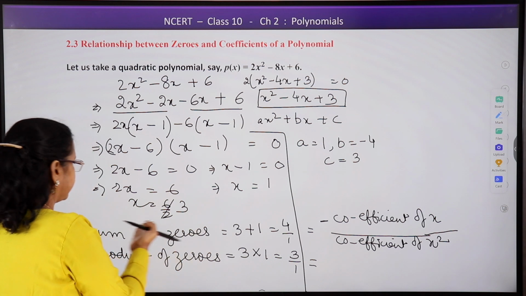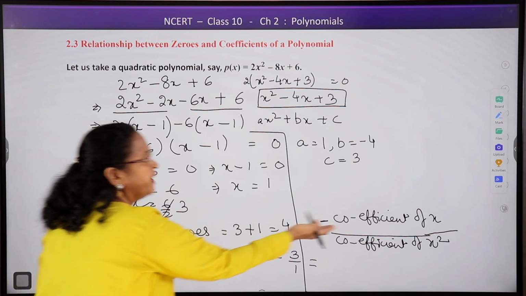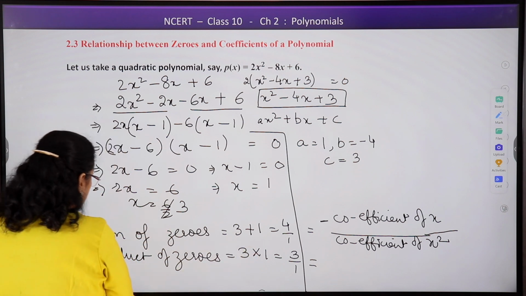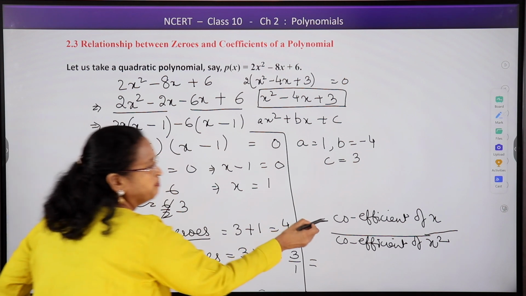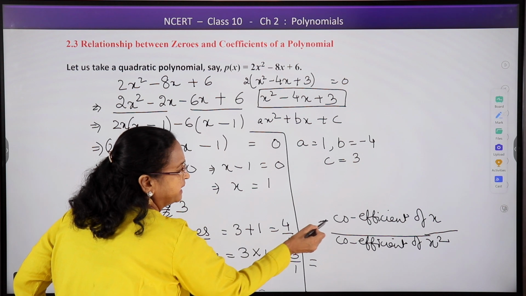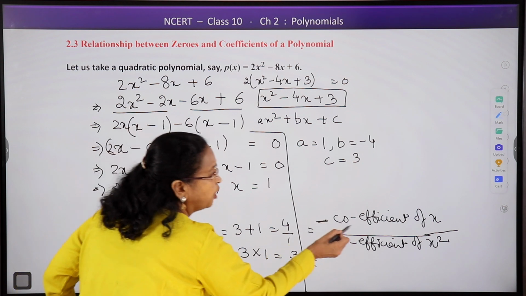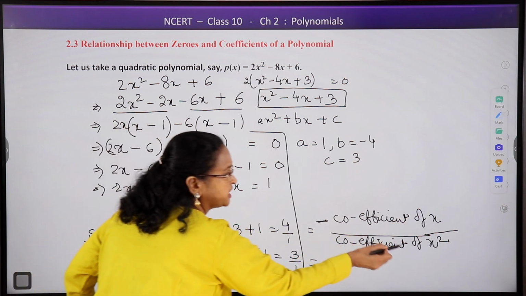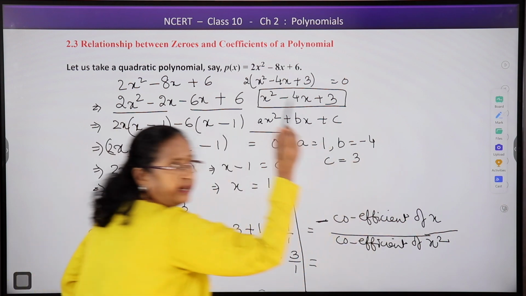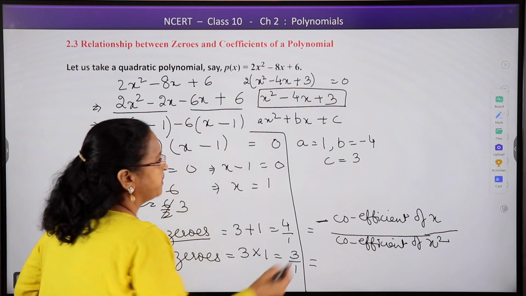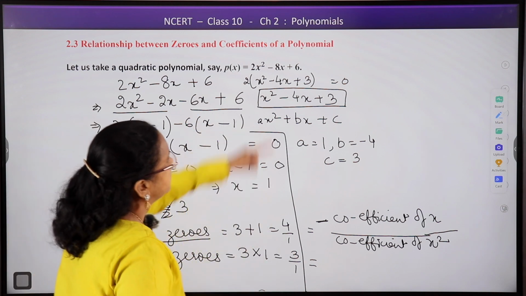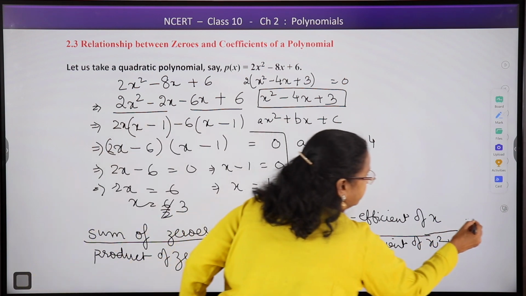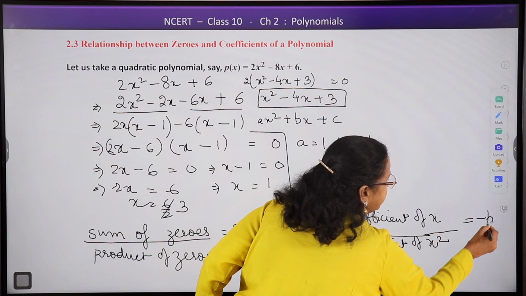This is what is the question. We are relating the zeros with the coefficients. So sum of zeros is minus of, this minus is very, very important, coefficient of x whole by coefficient of x square. Now, in general, what is the coefficient of x? B. Very good children. Minus b.